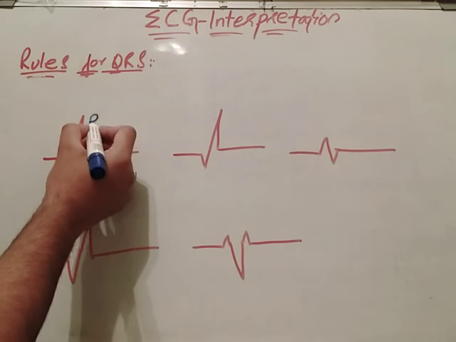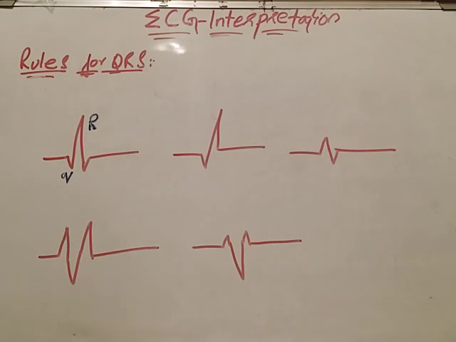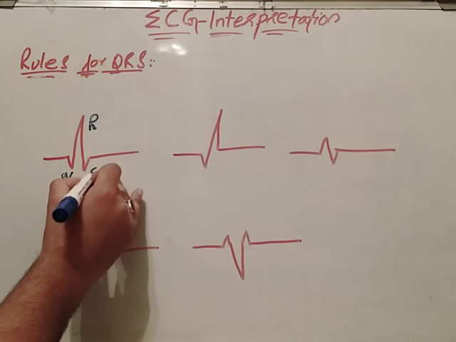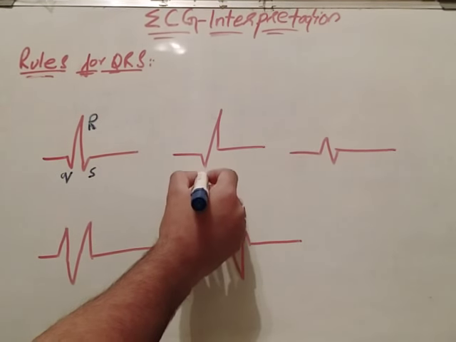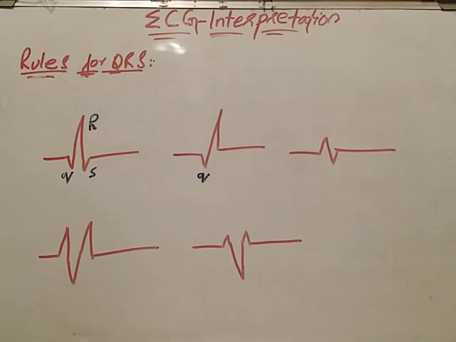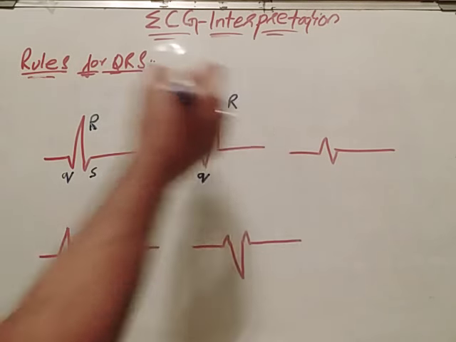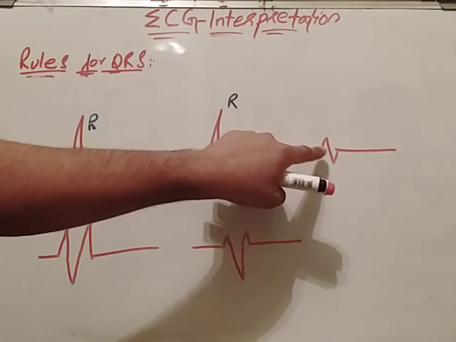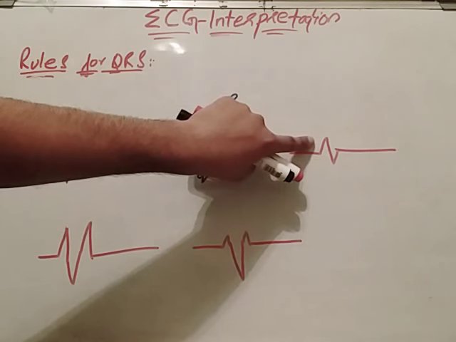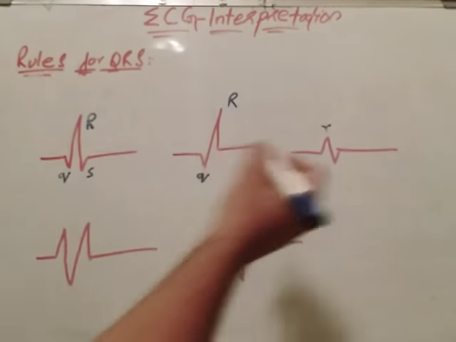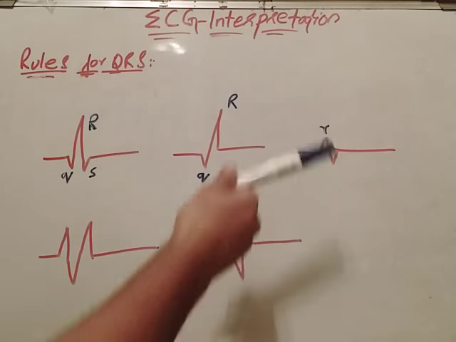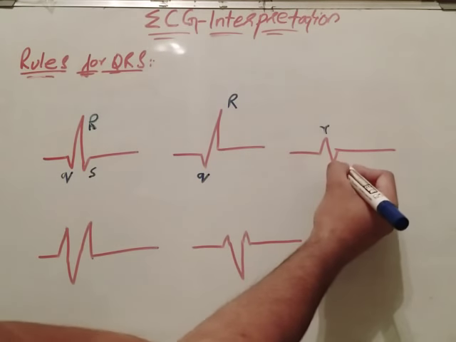And the first negative after R will always be S. In this case, the first negative is Q, and after that, the first positive wave will be R, and the first negative after R will always be S.